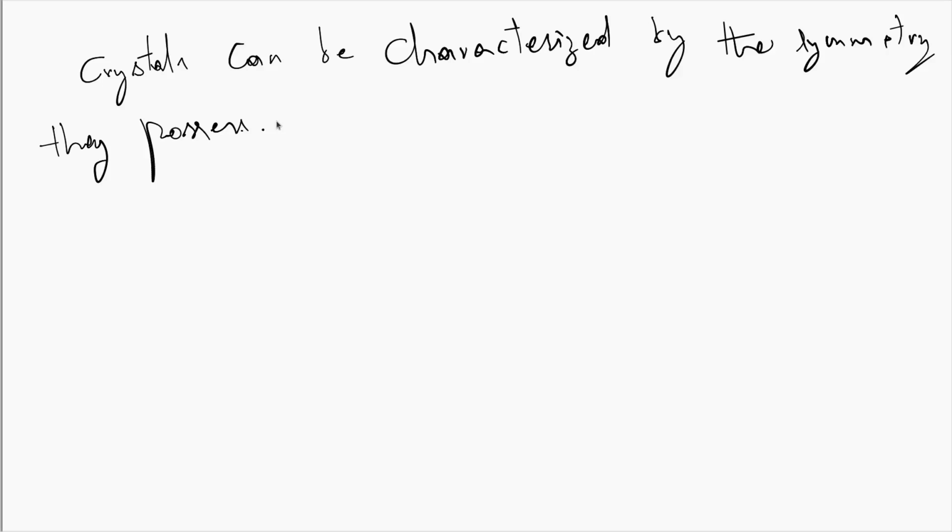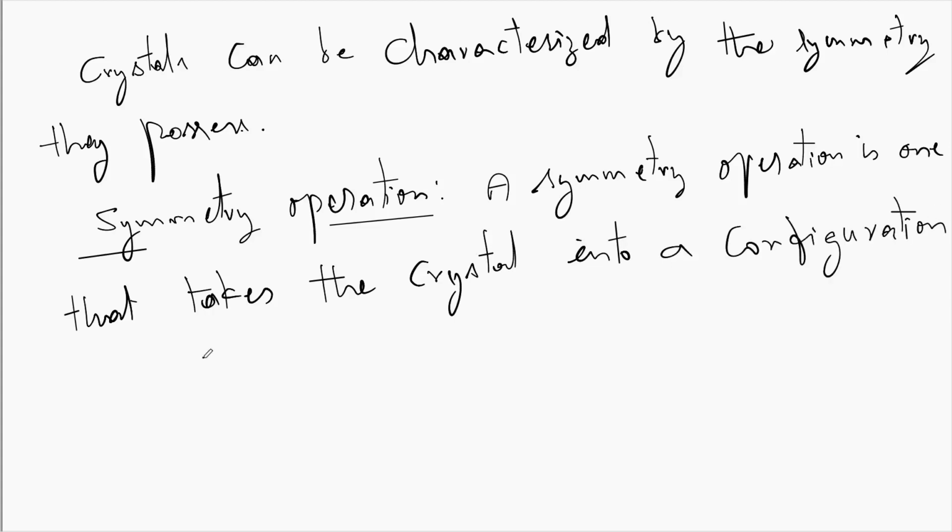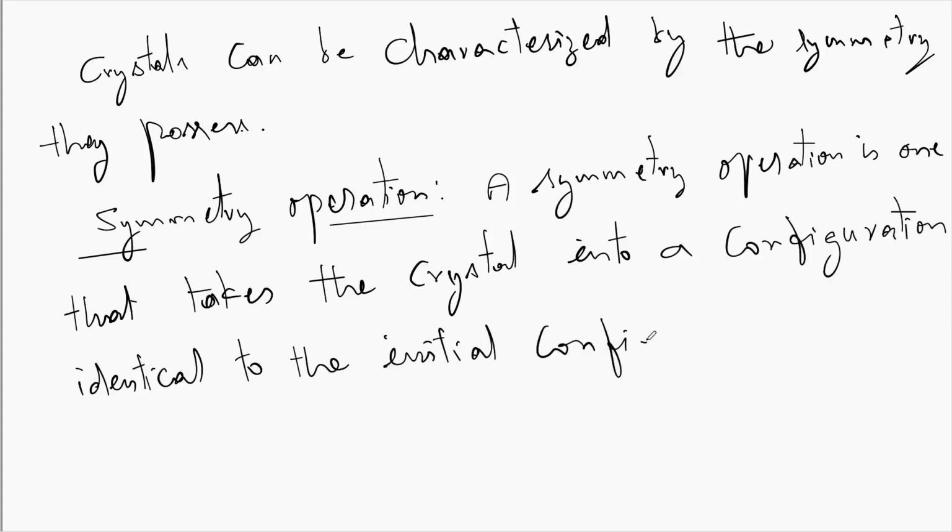A symmetry operation is one that takes the crystal into a configuration identical to the initial configuration after the operation is performed. Now we shall define a symmetry operation. And when the crystal, after performing the operation, reaches an identical configuration as before, then the crystal is said to possess a symmetry element corresponding to that particular operation.